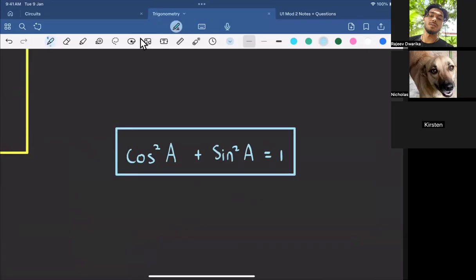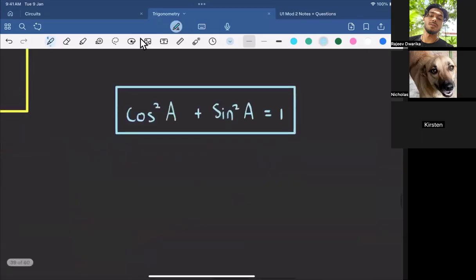So if that is the case, from that I could say that cos squared A is equal to what? If I make cos squared A the subject of the formula, what would that be equal to? 1 minus sine squared A. Right.